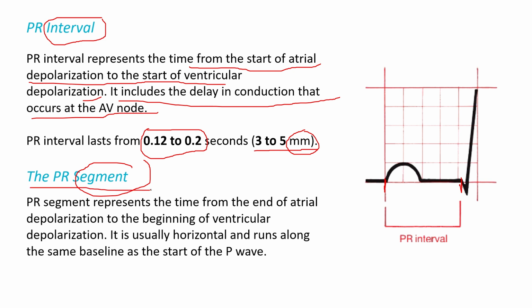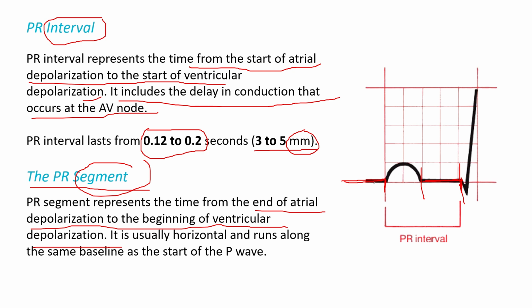Now let's also talk about the PR segment. The PR segment represents the time from the end of atrial depolarization to the beginning of ventricular depolarization. So you will count from here to here, and you will look at the isoelectric line. By the way, the isoelectric line is the line that starts even before the P wave. So this is the isoelectric line. Is the PR segment on the same line? Yes, so it's normal.